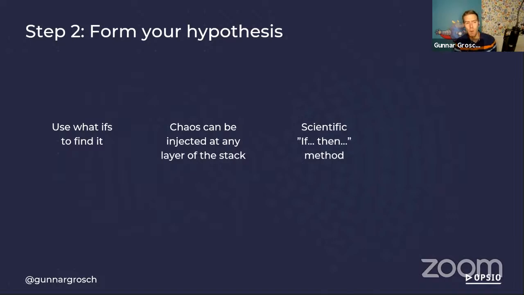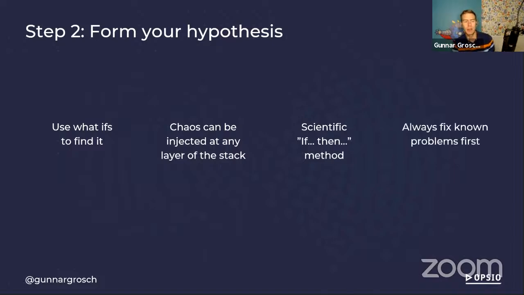And to form the hypothesis, we're using, once again, a scientific method, if-then. If the primary database goes down, then we will move to the fallback database. If there is latency in the system, then we will still be able to maintain a good enough service for our users.